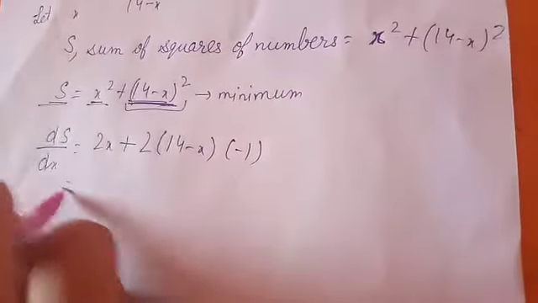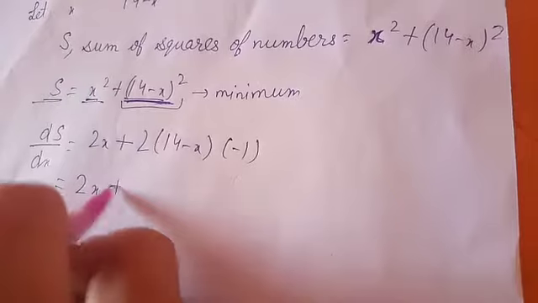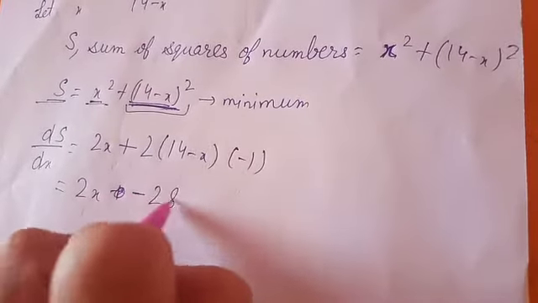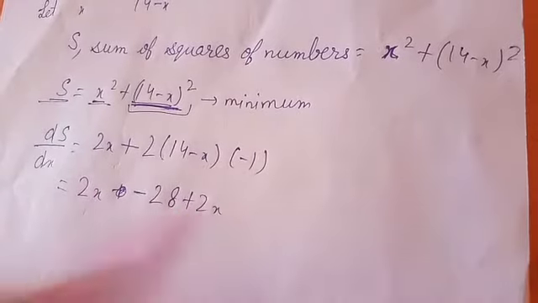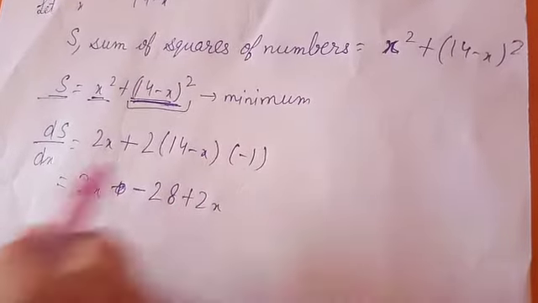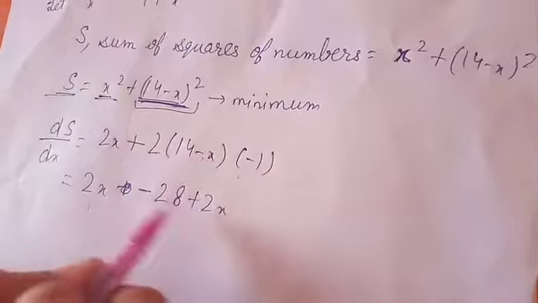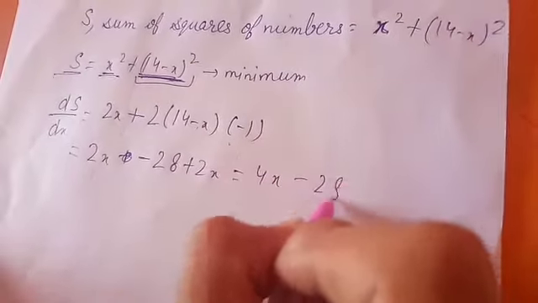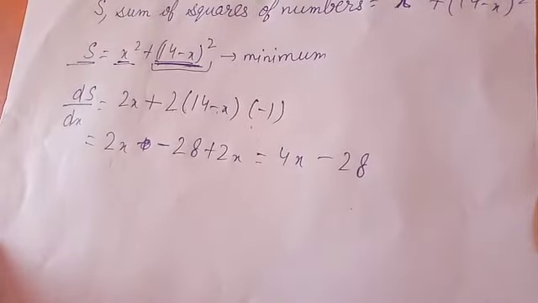So this becomes 2x minus 28 plus 2x. If we multiply this in the bracket, at last I got 4x minus 28. This is my dS by dx.